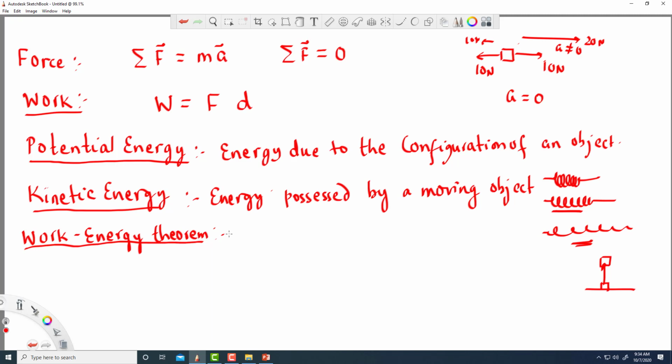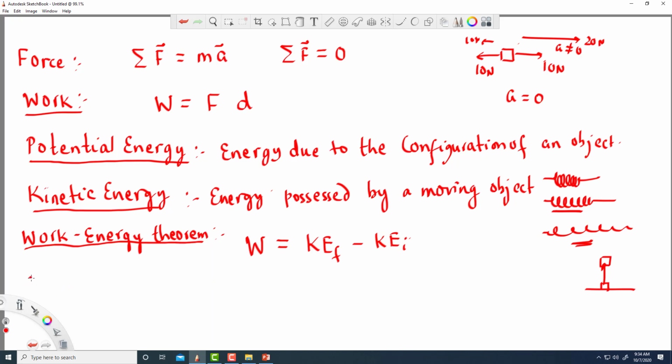It's converted to, or used to change, the kinetic energy of the object. It has some kinetic energy in the beginning, and because of the work, its kinetic energy is changed: final kinetic energy minus initial kinetic energy.